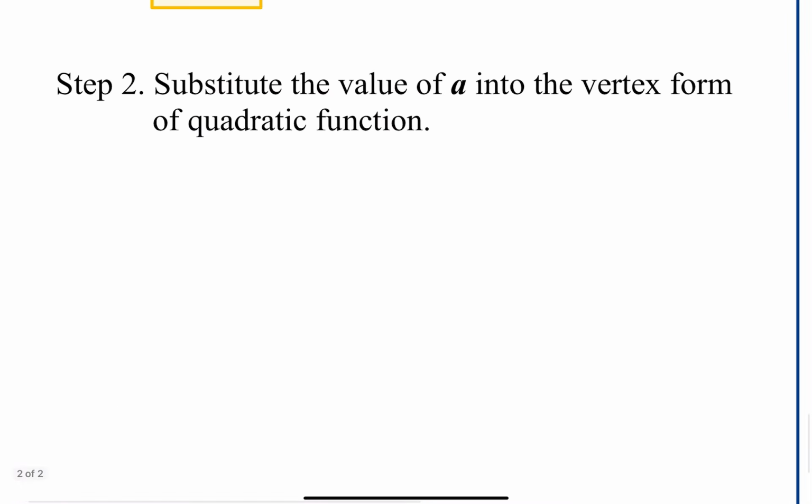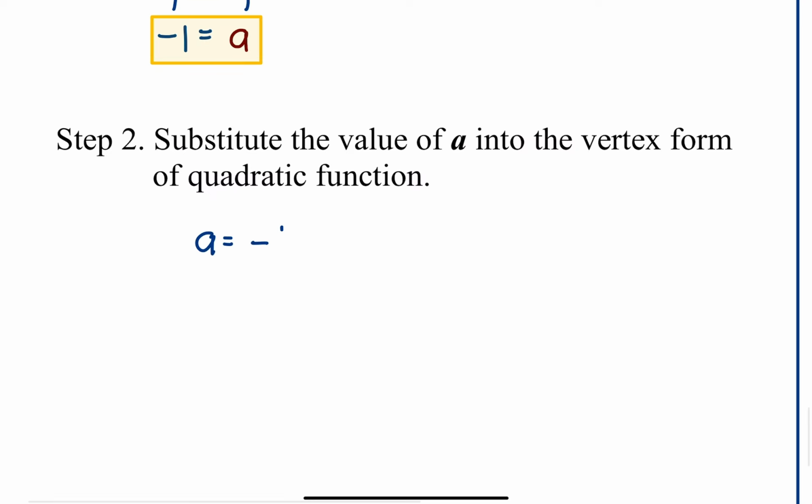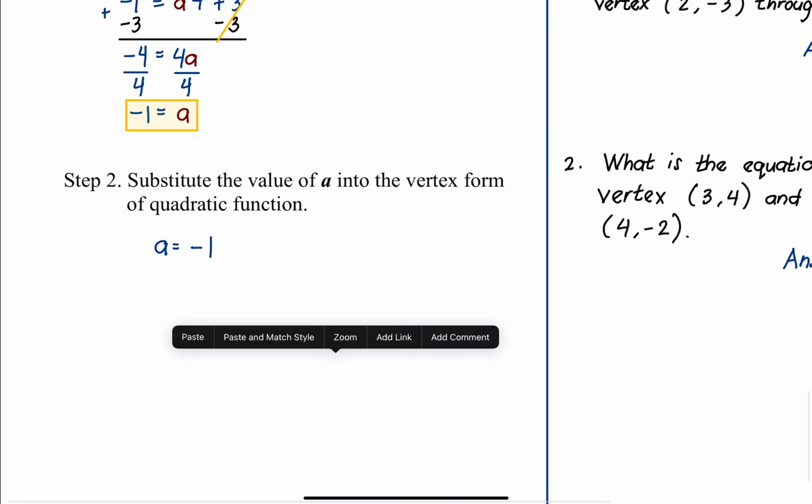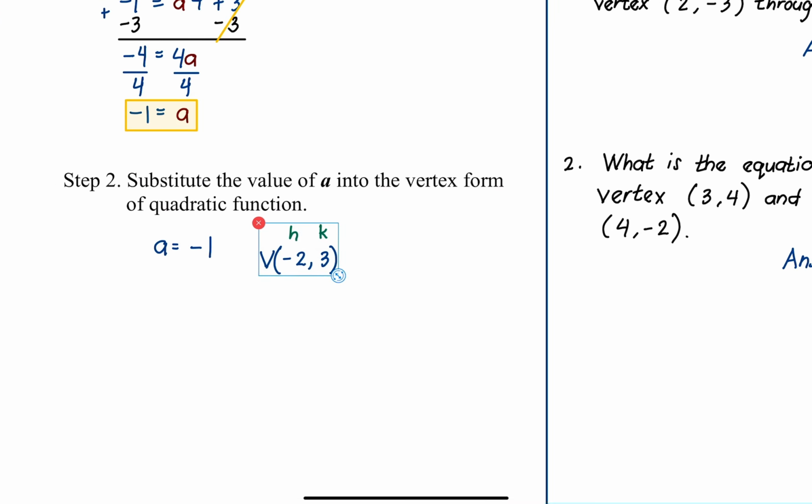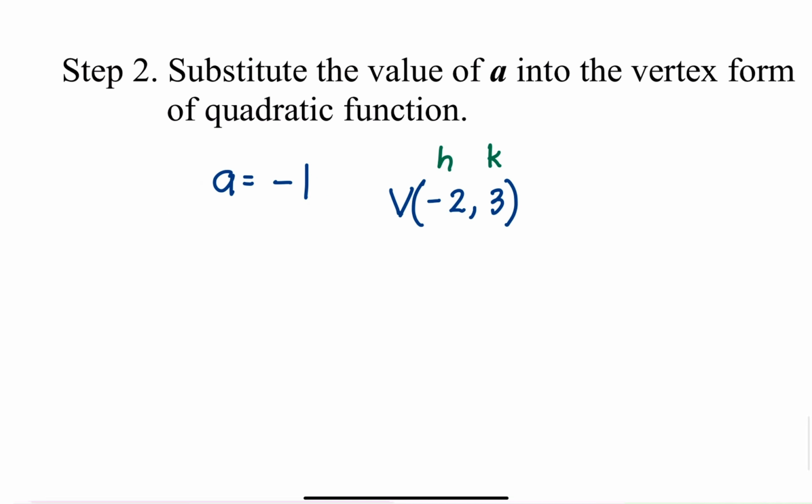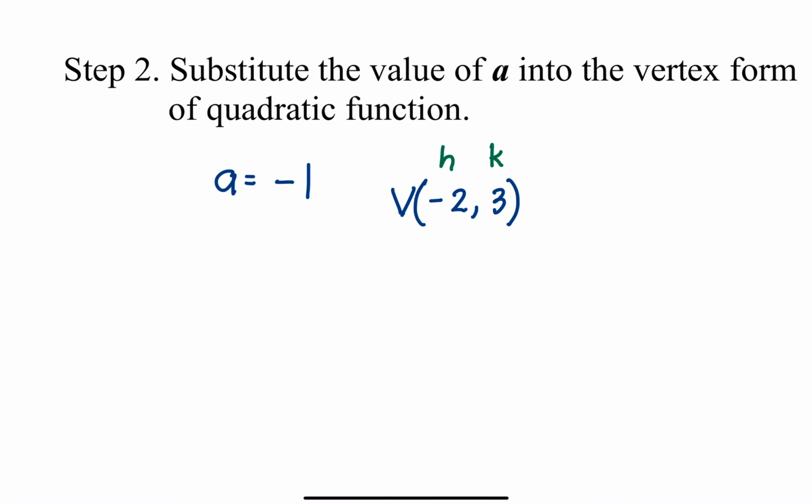Since the value of a is -1 and our vertex is (-2, 3), I'm going to write the formula y = a(x - h)^2 + k, and then substitute the given.